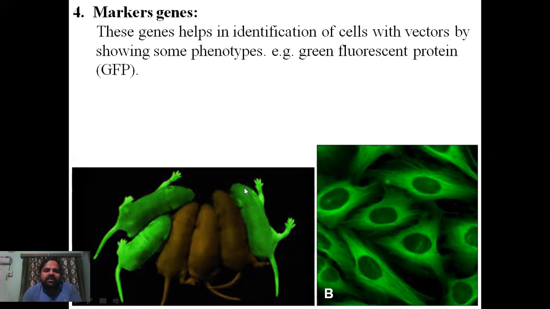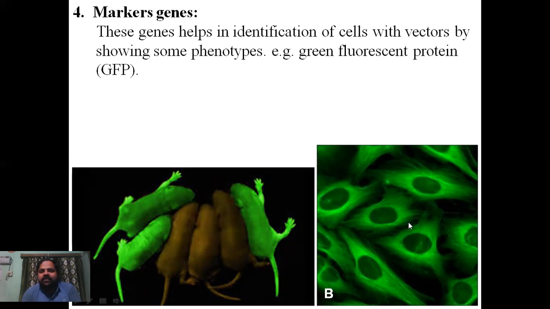It means they have the vector, and out of these 6, 3 are not expressing this GFP protein. It means they do not have such vector.